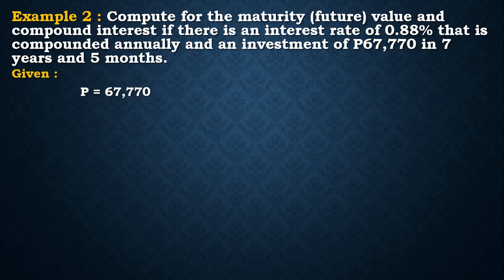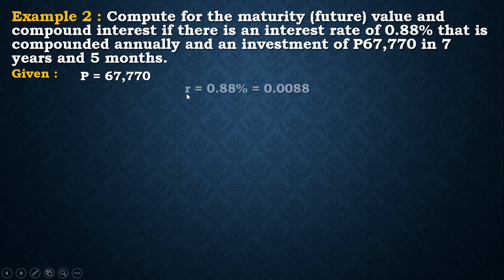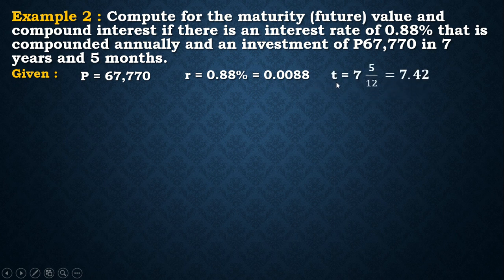Pero bago yan, ilagay po muna natin ang given. P is equal to 67,770. Interest rate or rate is equal to 0.88%. Again, lagi po natin i-divide to sa 100. Kaya naging 0.0088. At ang term po natin ay 7 years and 5 months.